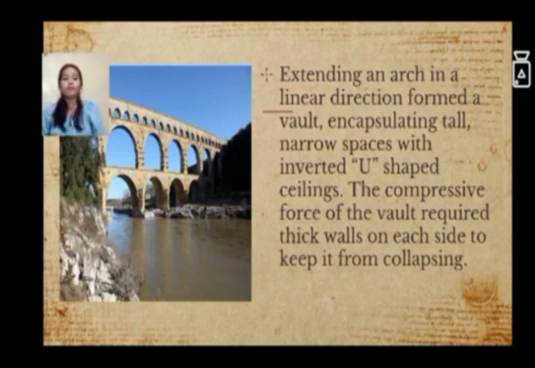So, extending an arc in a linear direction formed a vault, encapsulating tall, narrow spaces with inverted U-shaped ceilings. The compressive force of the vault required thick walls on each side to keep it from collapsing.